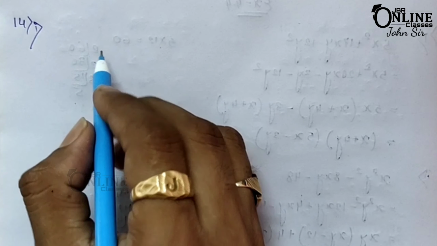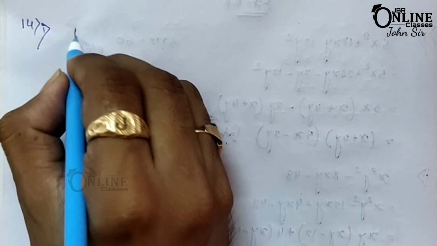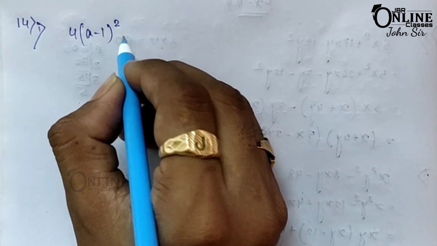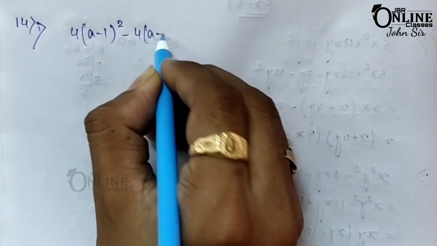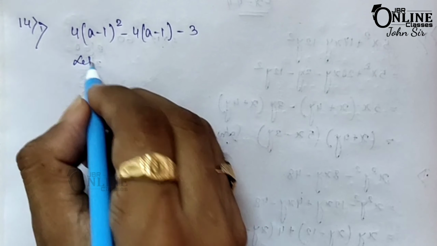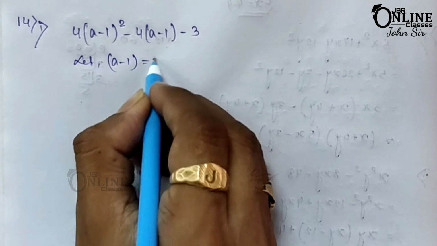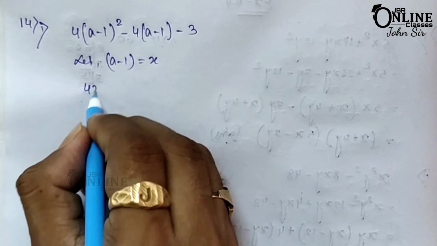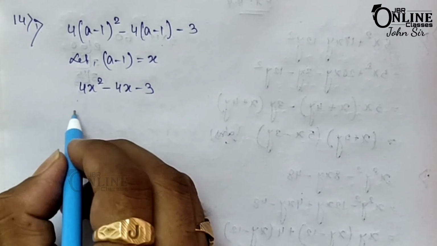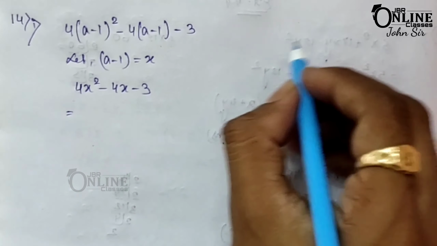Now sum number 14(1). Here 4 into (a minus 1) whole square, and then 4 into (a minus 1), then minus 3. So first let a minus 1 as x. So the given expression will be 4x square plus 4x minus 3. Here 4 into 3 becomes 12.